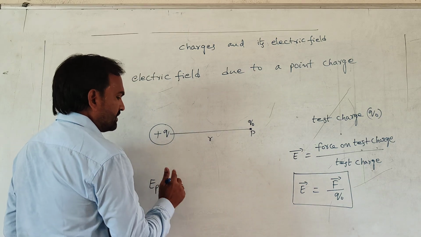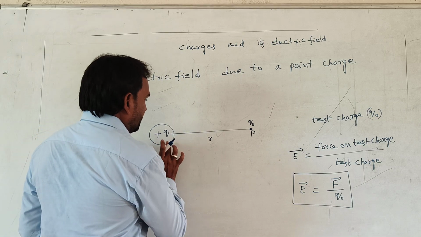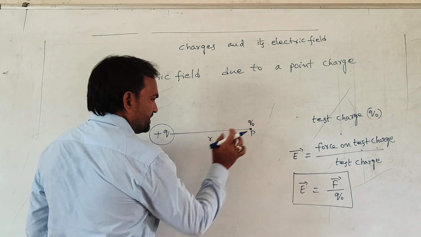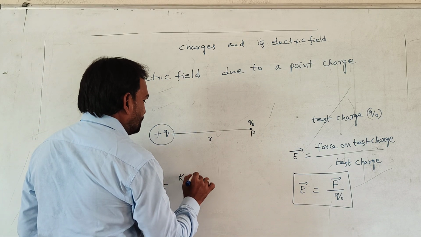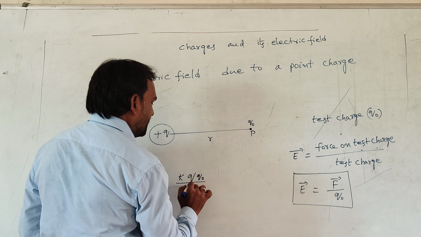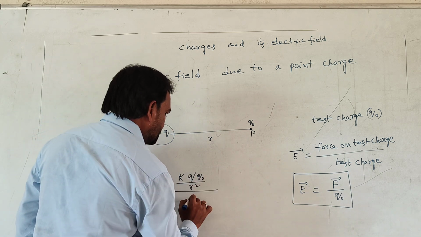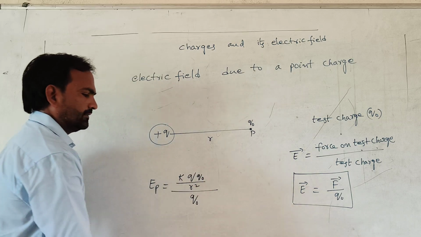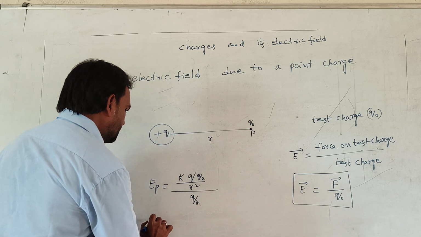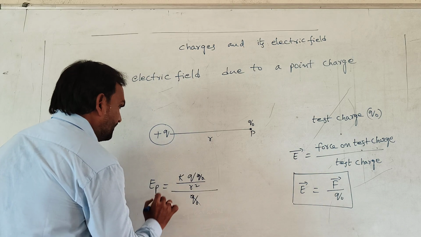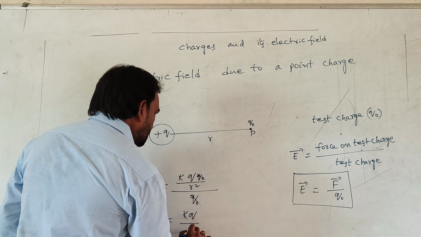According to Coulomb's law, the electric force between the plus Q charge and the test charge is K Q Q naught by R square. Dividing by the test charge, Q naught cancels, and we get the electric field at point P as K Q by R square.